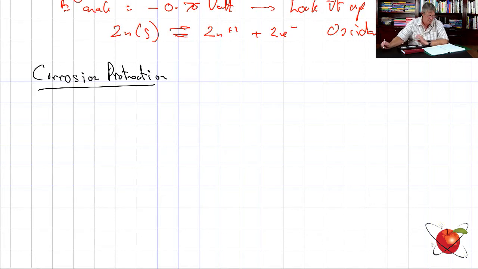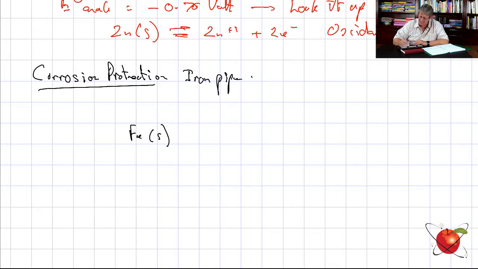If we've got a metal, an iron pipe, that's a solid. Let's consider an iron pipe in the ground.